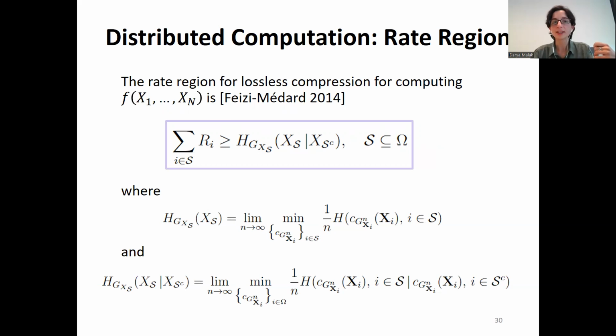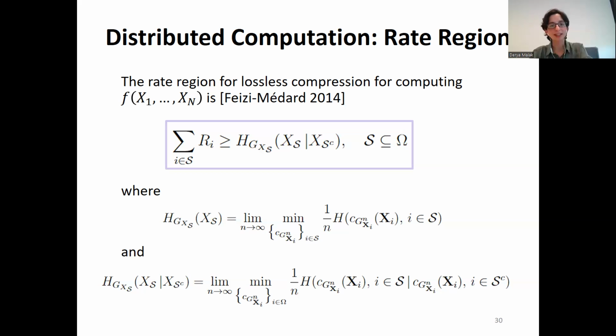The sum rate needs to be lower bounded by the conditional entropy of the given subset, given the remaining set of sources. So this needs to be satisfied for all the subsets of the servers, where the definitions for this graph entropies and the conditional graph entropies are written here.